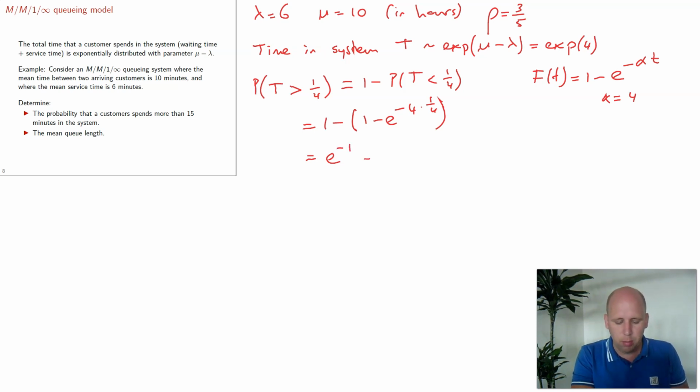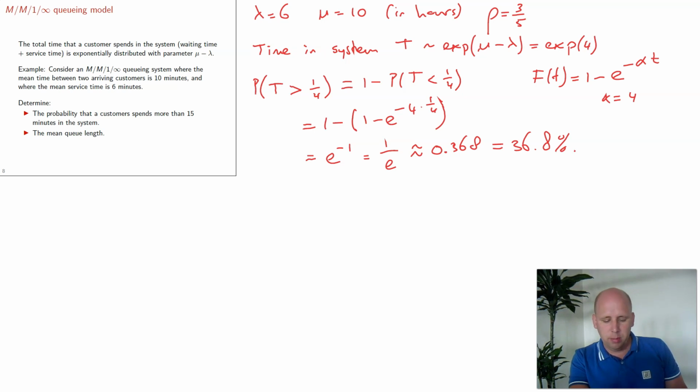So this is the probability. It's the same as 1 over e, and we can also give an approximation by using a calculator, 0.368. Of course, we are talking about a probability, so it should always be between 0 and 1. If you like, you can also use 36.8%. So this is the probability that a customer is more than 15 minutes in the system.